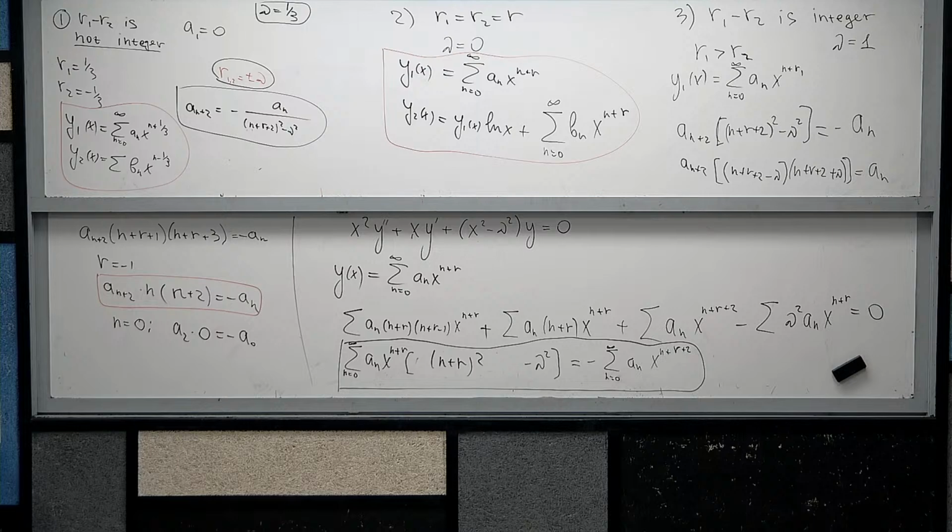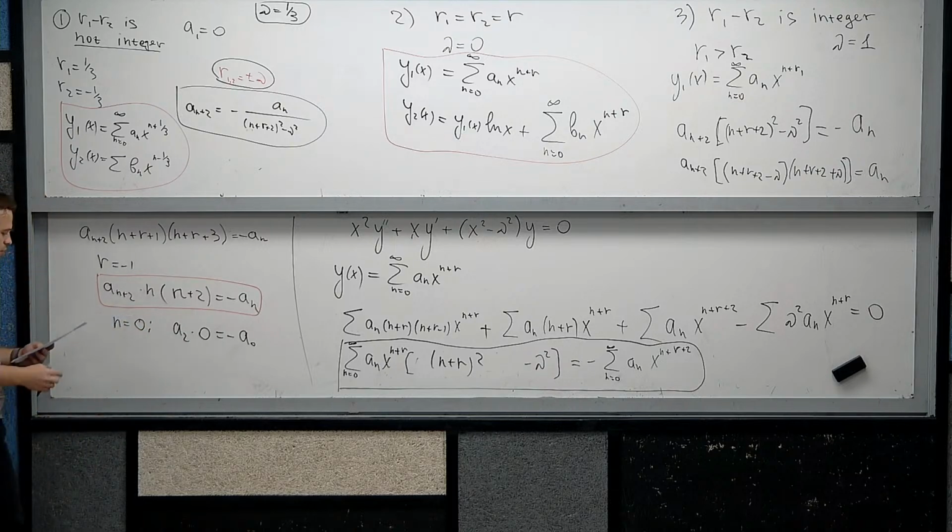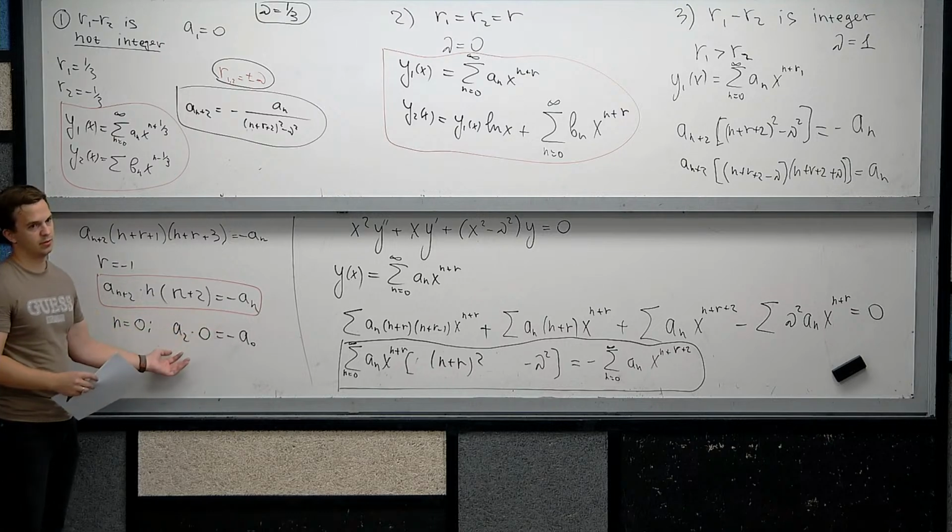If that happened, if you got 0 from one side and nonzero from the other side, I call it the fatal case. This means that for the second solution the Frobenius series doesn't exist, because you see a contradiction here, right?